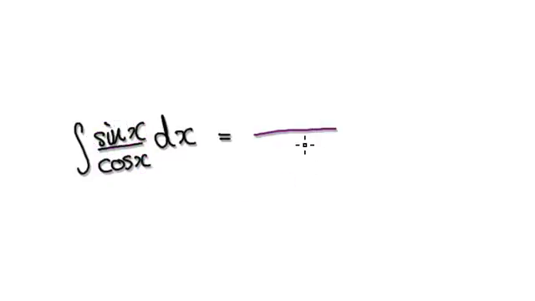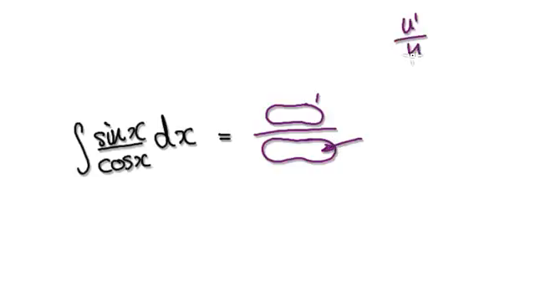So here you've got something here, and then this thing here. What's on top is the derivative of what's at the bottom. So really, it's like this thing here, u prime over u. Well, if you integrate this, it should be natural log.